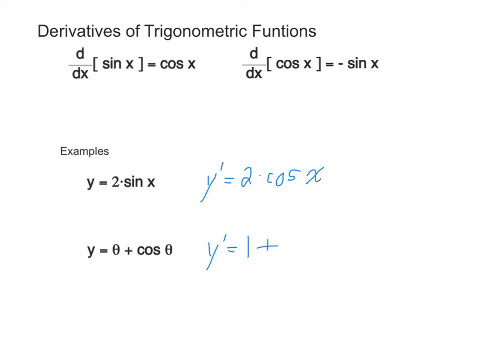The memorized value of cosine is negative sine. So this derivative could be written as 1 minus sine of theta. So again, at this point, trig is a direct replacement. You'll learn the other 4 trig values later on.